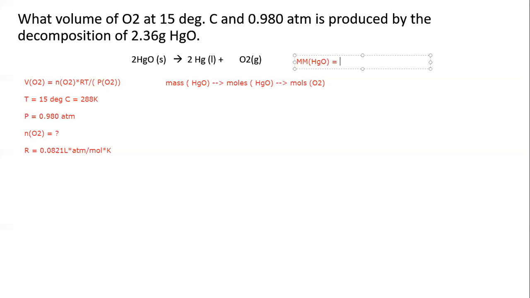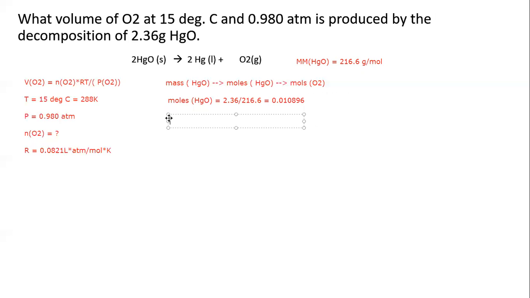And so the molar mass of mercury II oxide is 216.6. So we can find the moles of mercury II oxide, mass divided by molar mass gives us moles. So that's the moles of mercury II oxide.